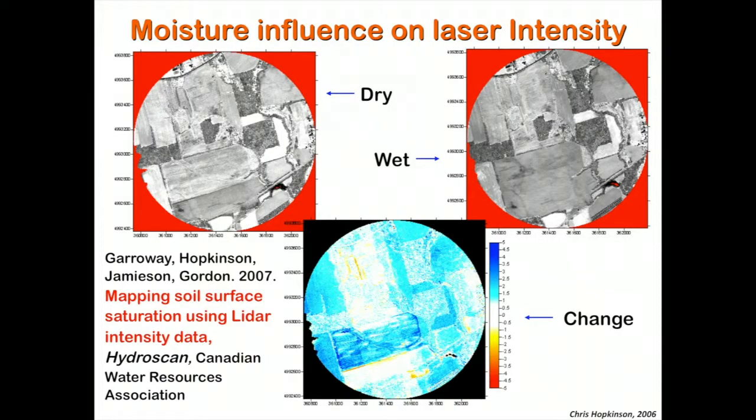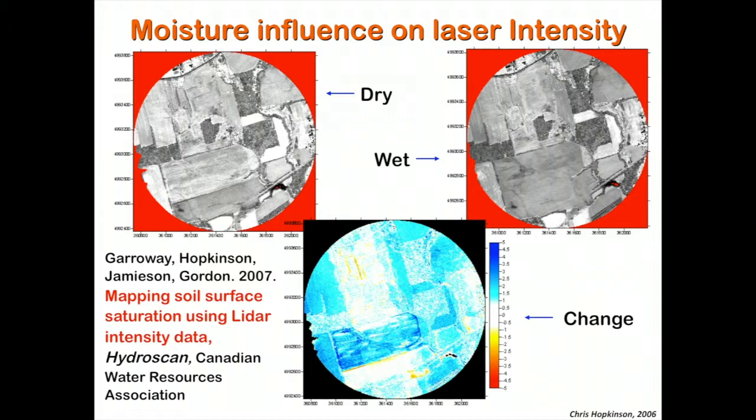And just looking at the influence of moisture in an agricultural field environment. Actually, unfortunately, I don't think this is a particularly great slide, but maybe if you just look at this area. This is a period when the field was dry, and you can see the intensities are fairly high.